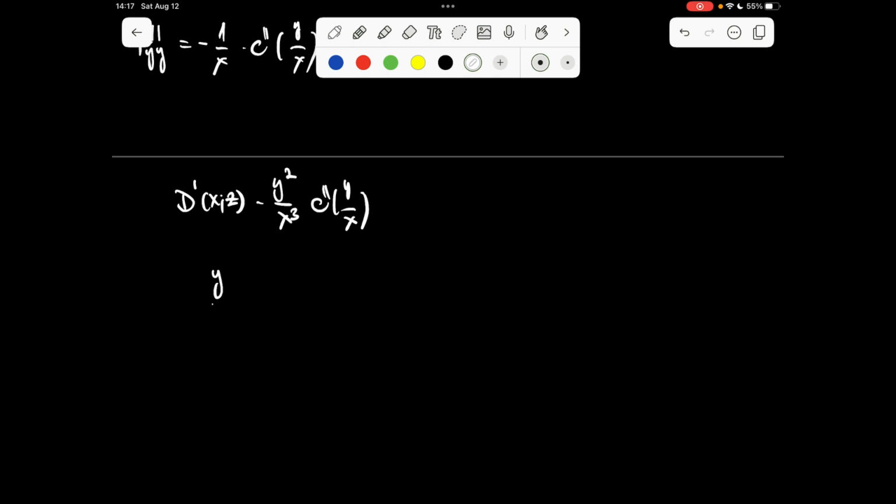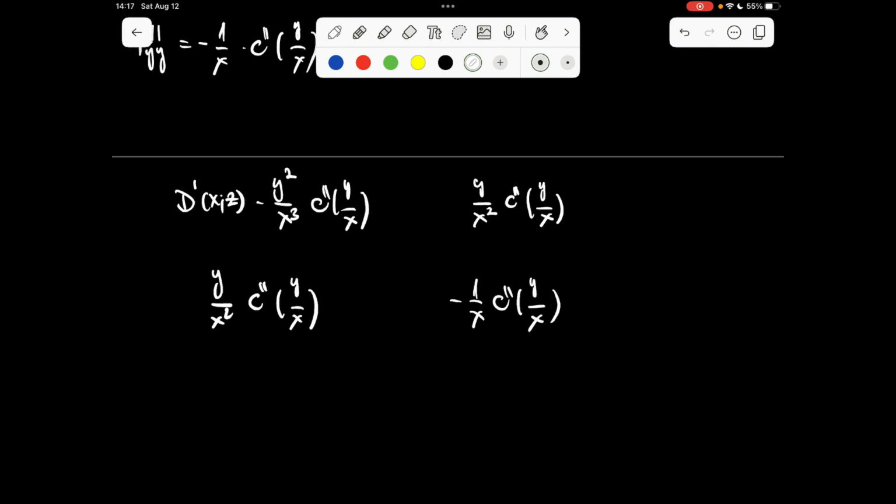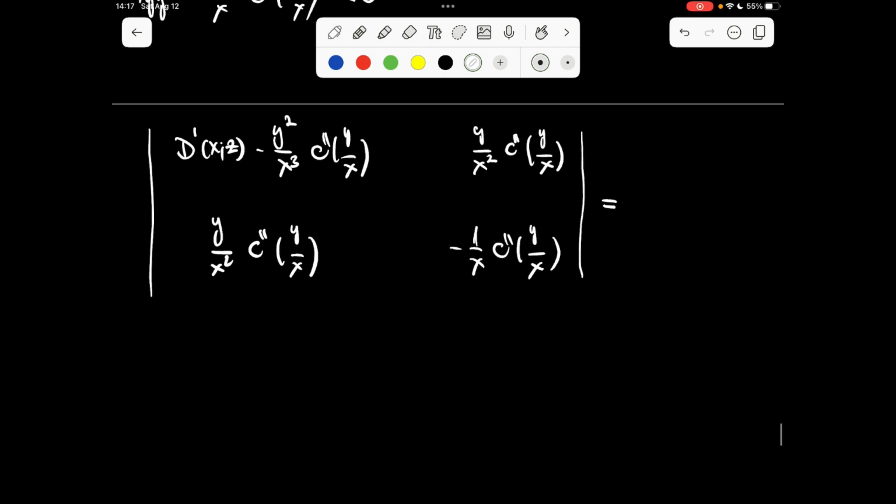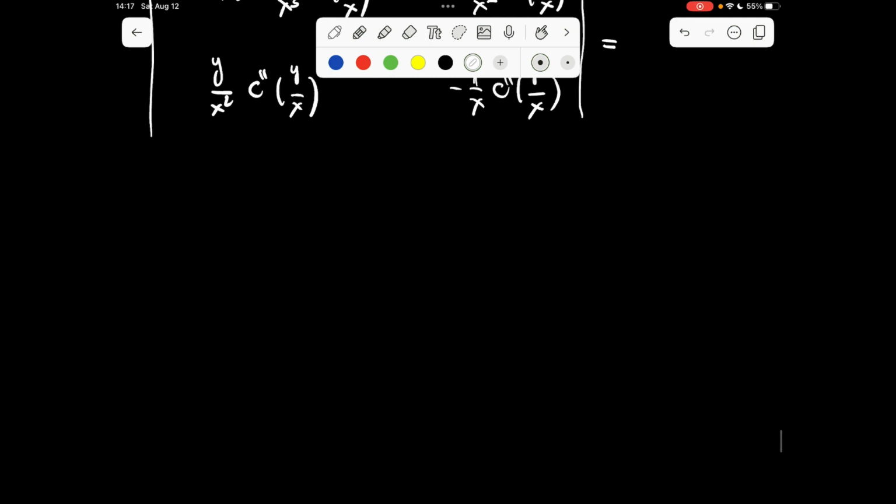Okay, the same here. And we need to calculate the determinant of this matrix, the Hessian. Okay, so let's do this step by step.